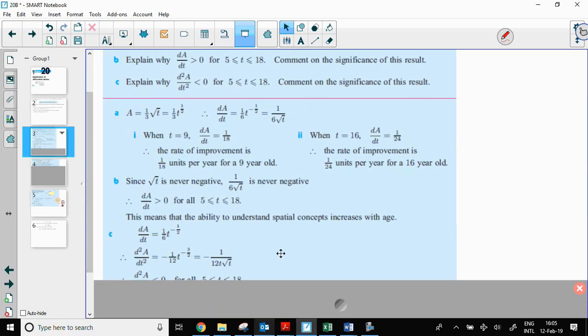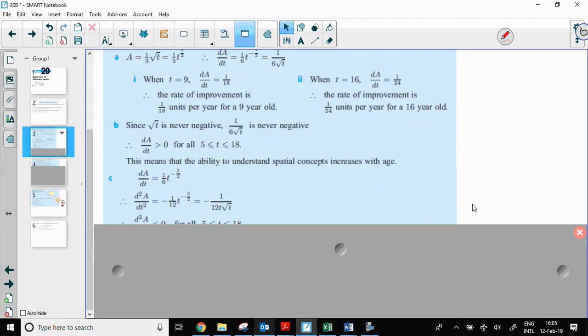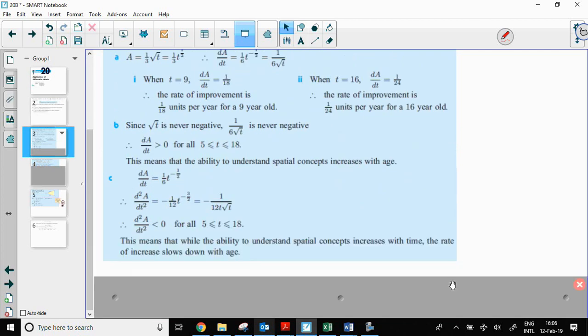So we have a second derivative that's negative, and what that means is that our rate of change of ability, while it is increasing, is also going to be increasing more slowly over time.